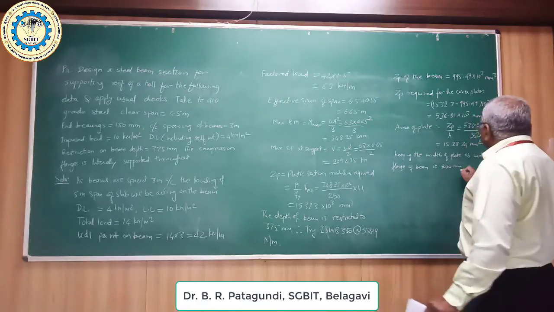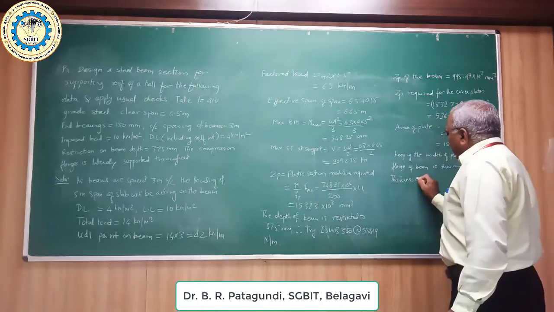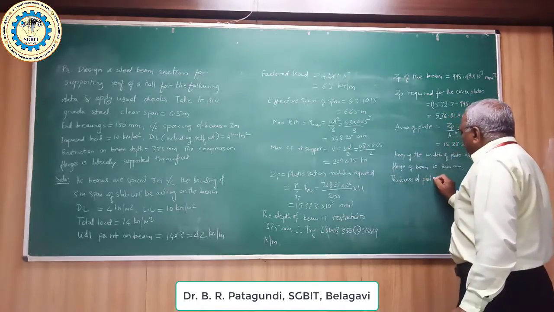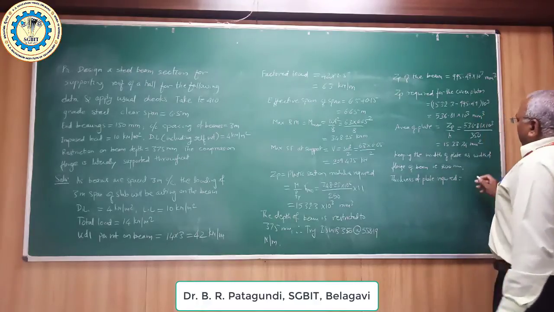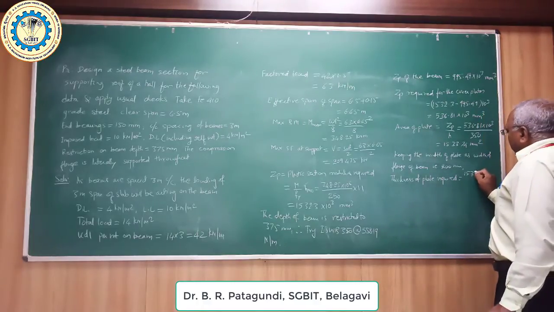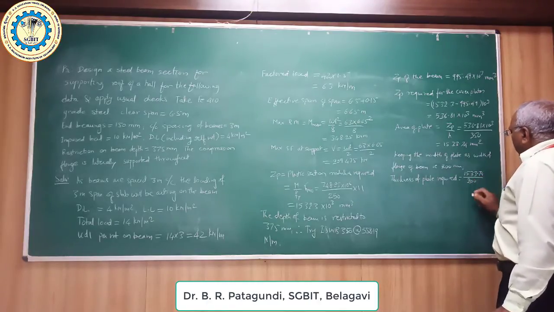Thickness of the plate required is equal to area of the cover plates 1533.74 divided by width of the plate, 200 mm.